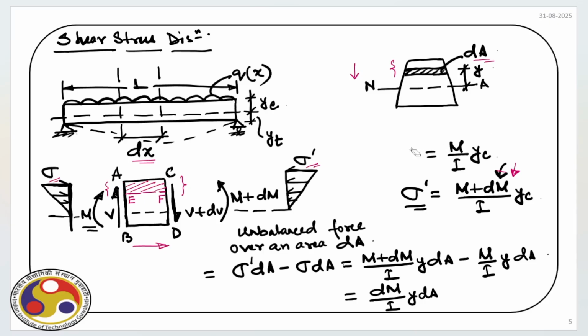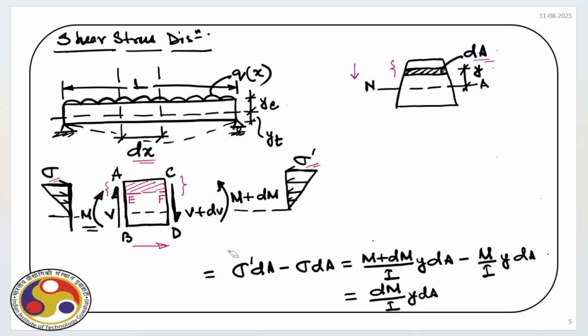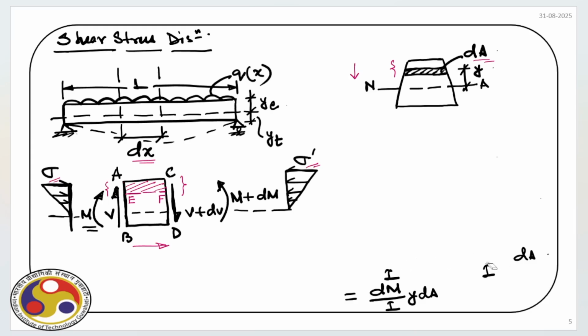Now, if we find out the total unbalanced force in the compression zone, we have to actually sum up all the forces as we move from the neutral axis. Right now we are at y. As we move upward from the neutral axis, we have to start from this EF and go up to fiber AC and sum them up.